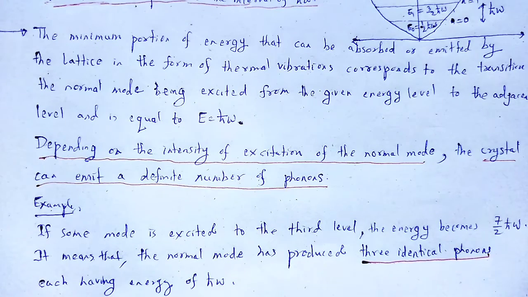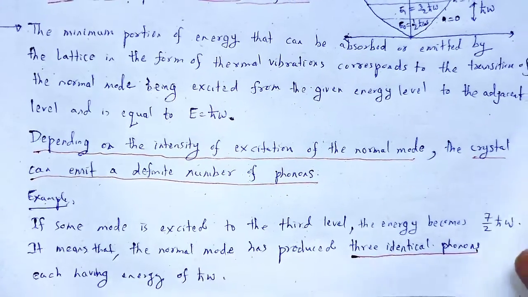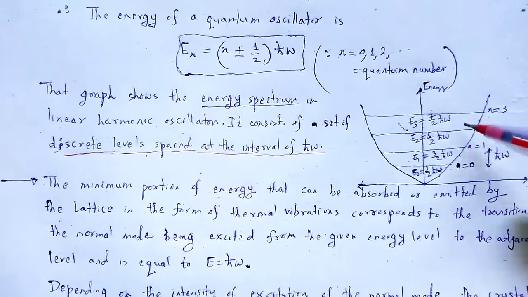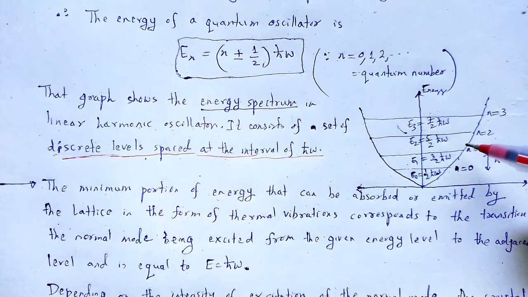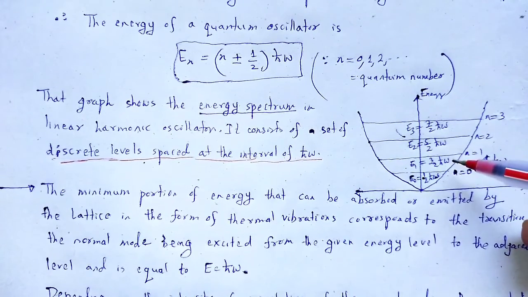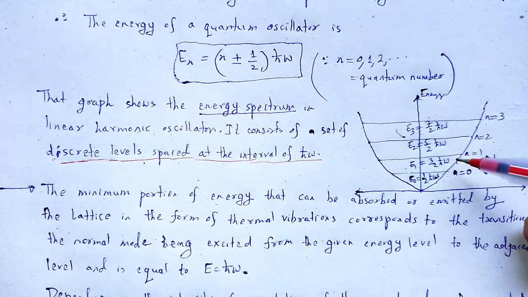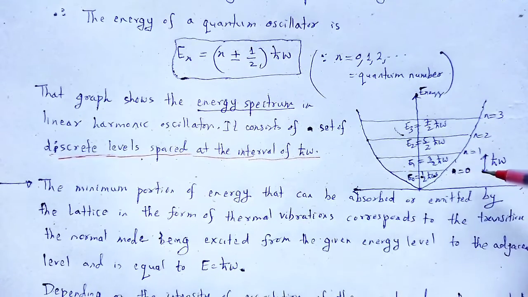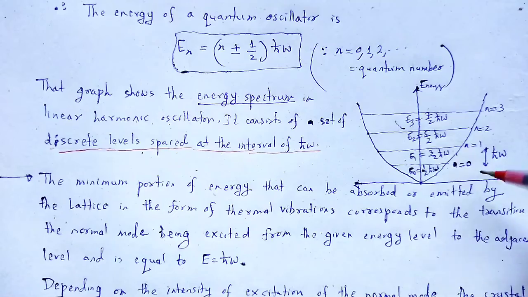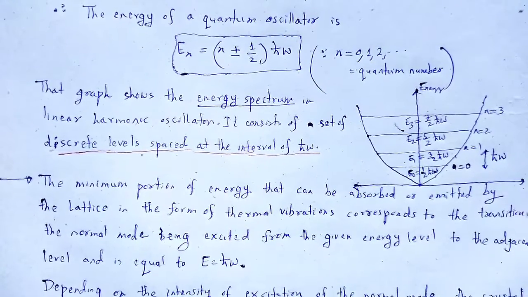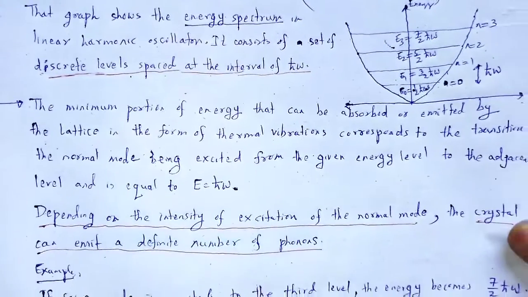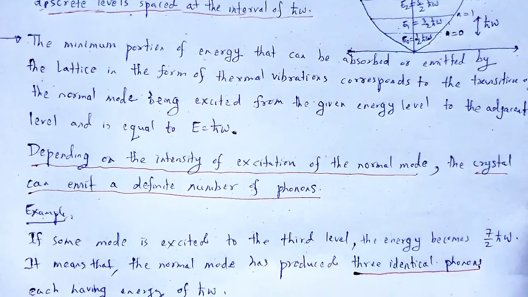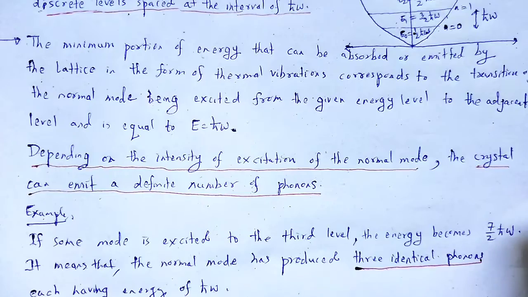In this way, phonons are responsible for the spectrum in case of solids. There will be the exchange of quanta of energy in lattice vibrations, and that energy is represented by h cut omega. That h cut omega is nothing but the energy of one phonon. In that way, the exchange of phonons gives the spectrum in case of solids.